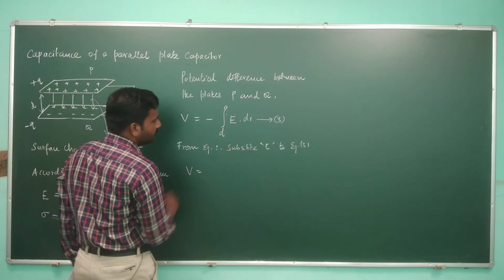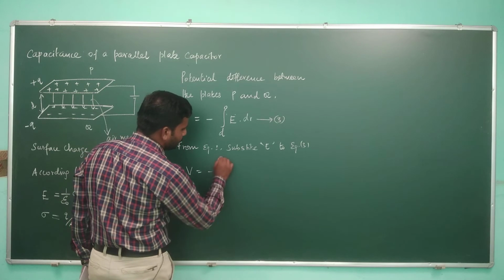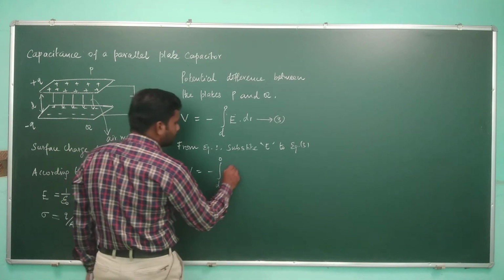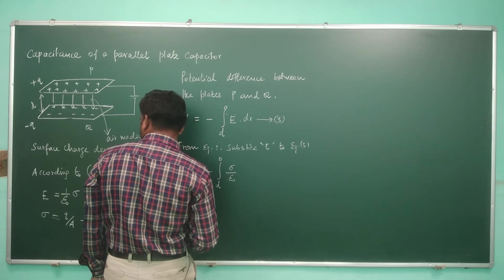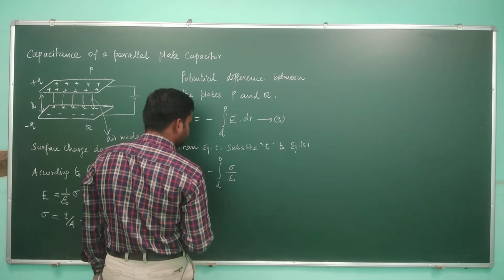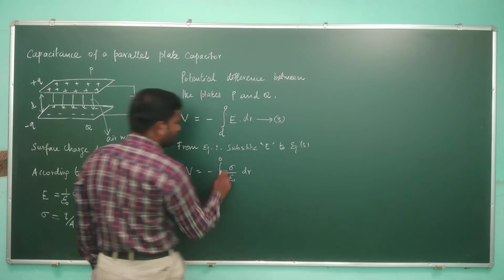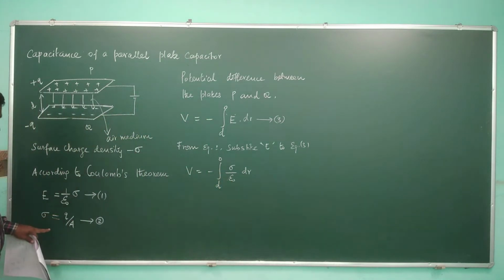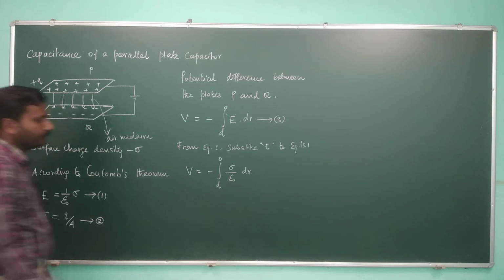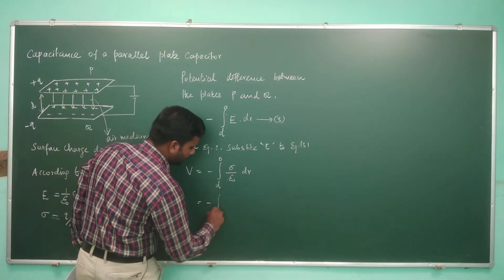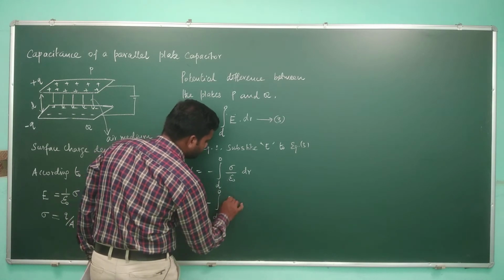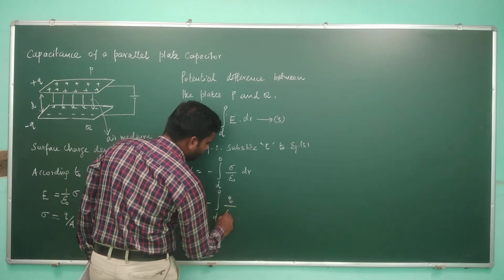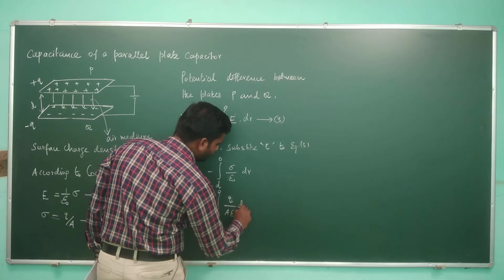That will give V equals minus integral from D to 0 of sigma by epsilon naught into dr. But from equation 2, sigma is equal to Q by A. So this becomes minus integral from D to 0 of Q by A epsilon naught into dr.